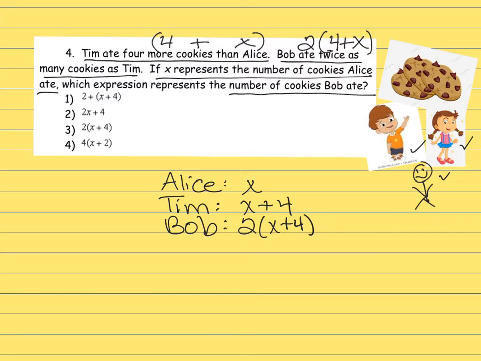So Bob ate twice as many as Tim, which is double the amount of the quantity X plus 4, so that is choice 3.